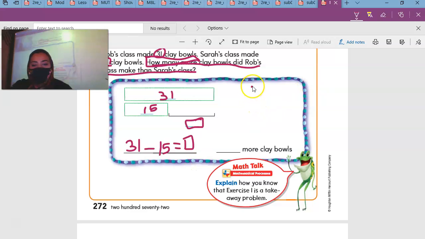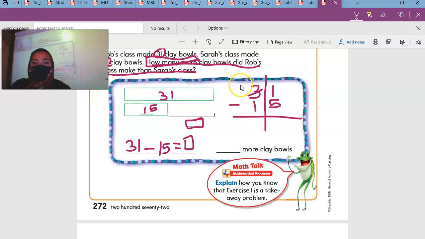Now, 31 take away 15 equals division sign. Let's say it together. If the top number is smaller than the bottom number, you have to regroup.